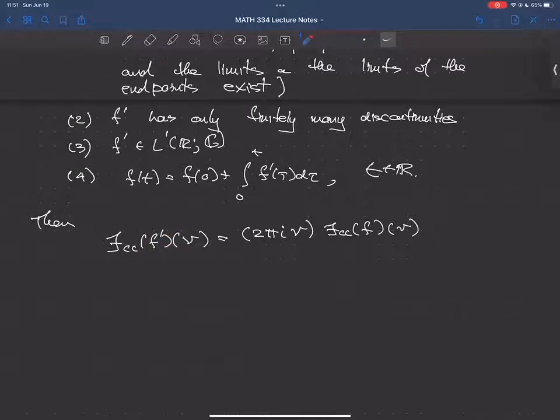All right. And so by induction, the proof of this goes rather similarly to the proof of the result for the CDFT. By induction, you can increase the differentiability of f.